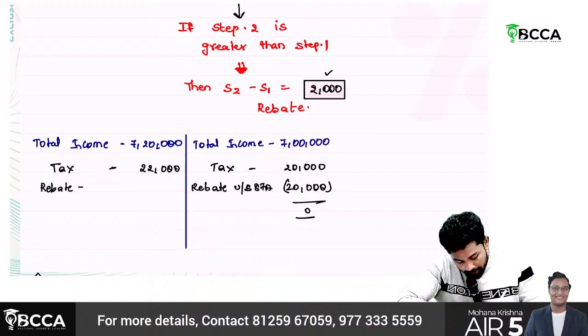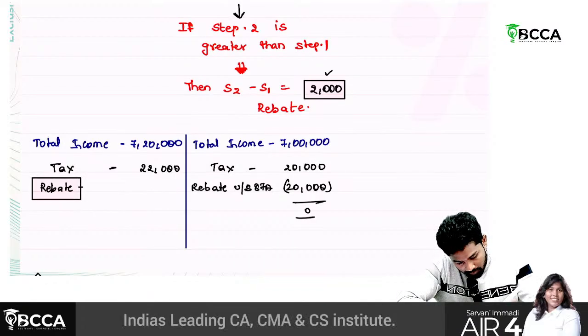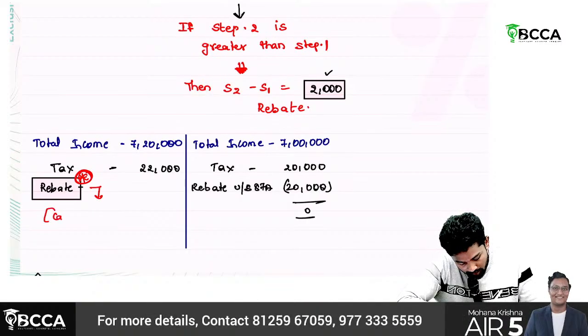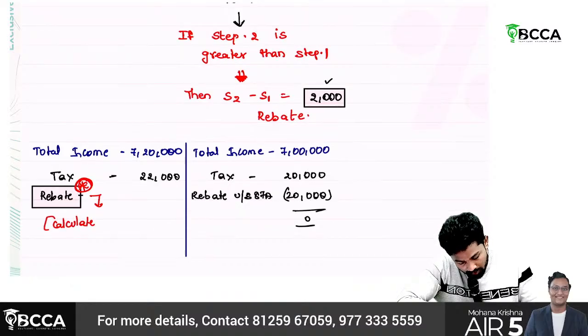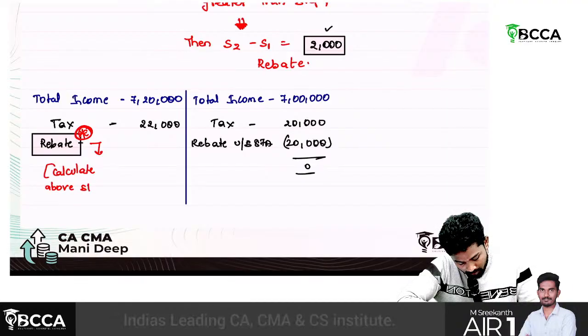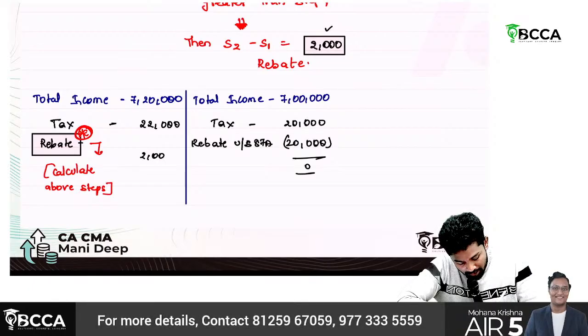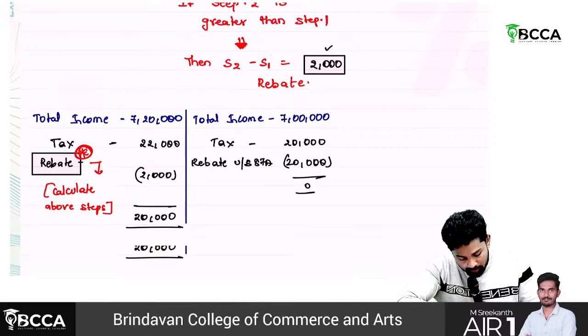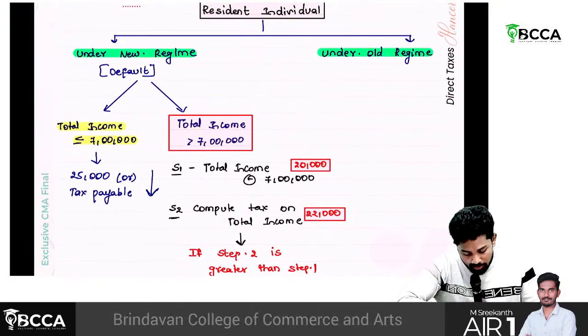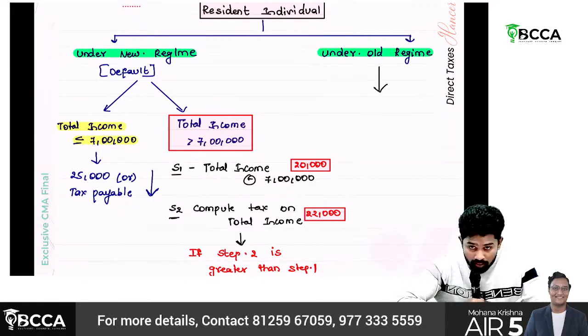So what is the rebate available here? Calculate above steps. On doing the above steps, we get 2,000 as rebate. Then the tax payable is 20,000. Under the old regime, it is simple only. There is no such concept of additional rebate.